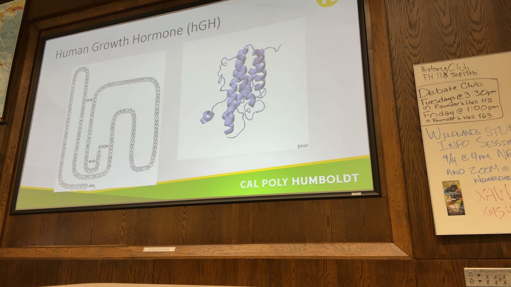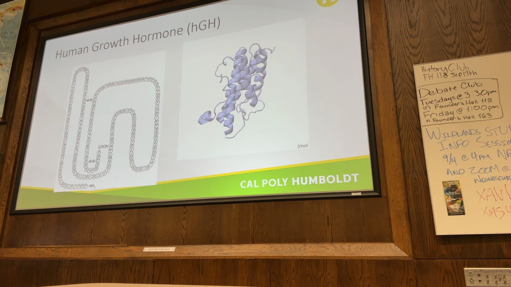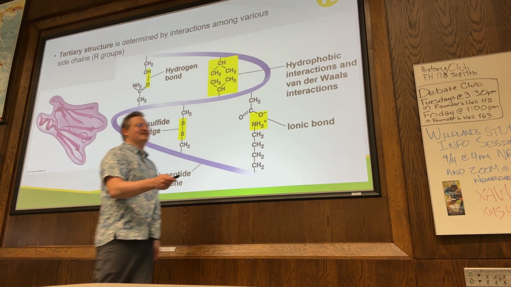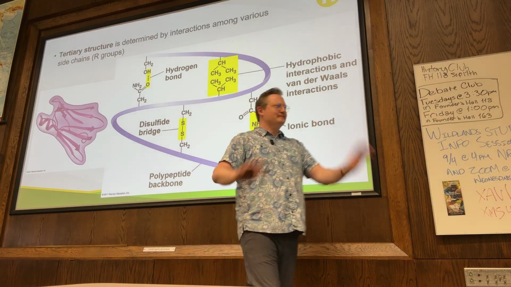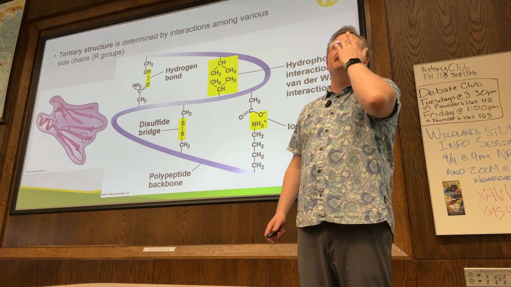So what I'm trying to hint at here is, as a protein begins to denature and lose its form, the first thing it's going to lose is its quaternary structure, because this is fully formed molecules that are just sort of held together, right? Those are going to fall apart. The next thing it'll lose would be its tertiary structure, because some of these interactions are pretty weak. Van der Waals, hydrophobic interactions, the disulfide bridges are pretty strong, the hydrogen bonds are pretty strong, but they're not as consistent in their strength, so that'll fall apart next.